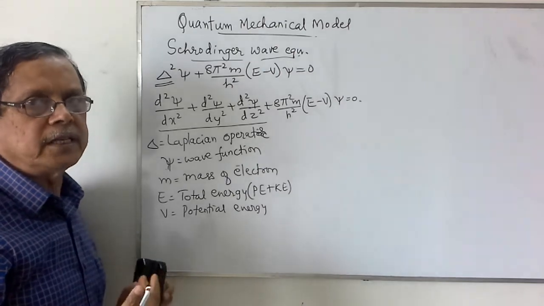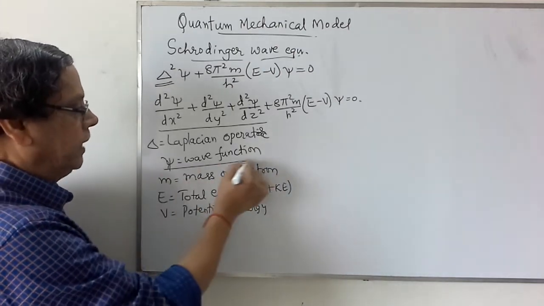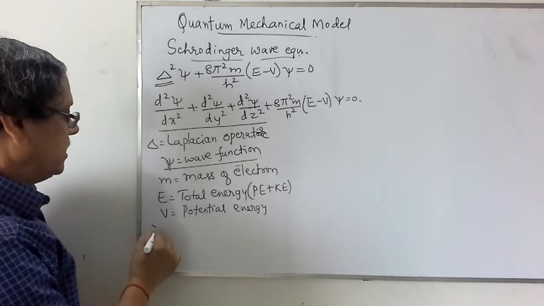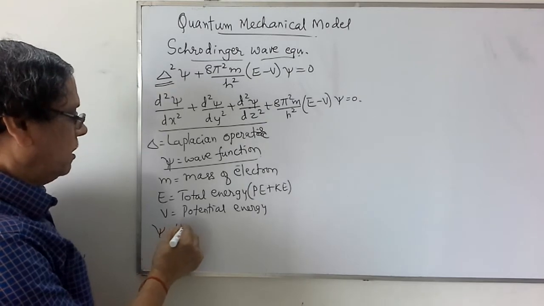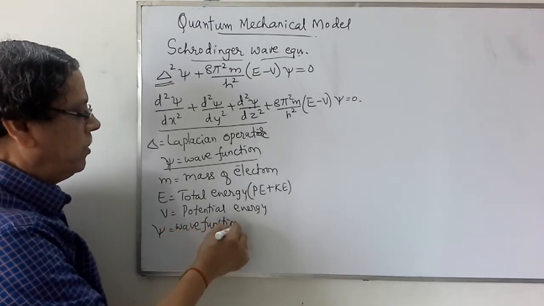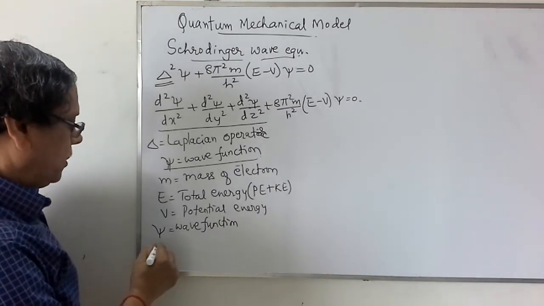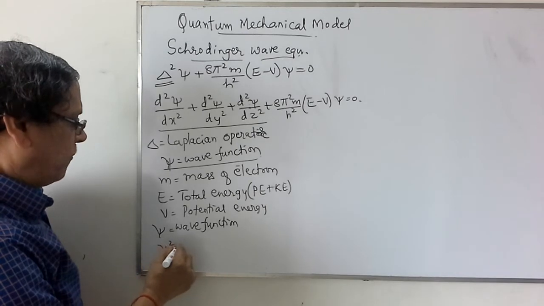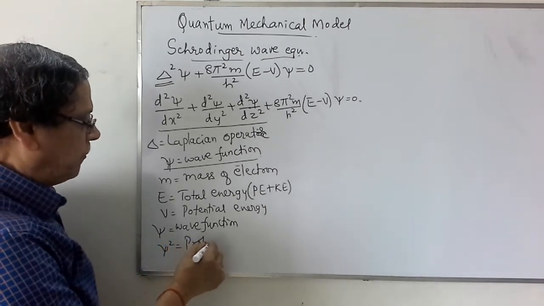What is important for us at the first PUC level is that psi itself is not significant. Psi is the wave function. But when we consider it as a wave function, the electron behaves like a wave as well as matter or a particle. That's why the square of the wave function gives the probability of finding the electron.